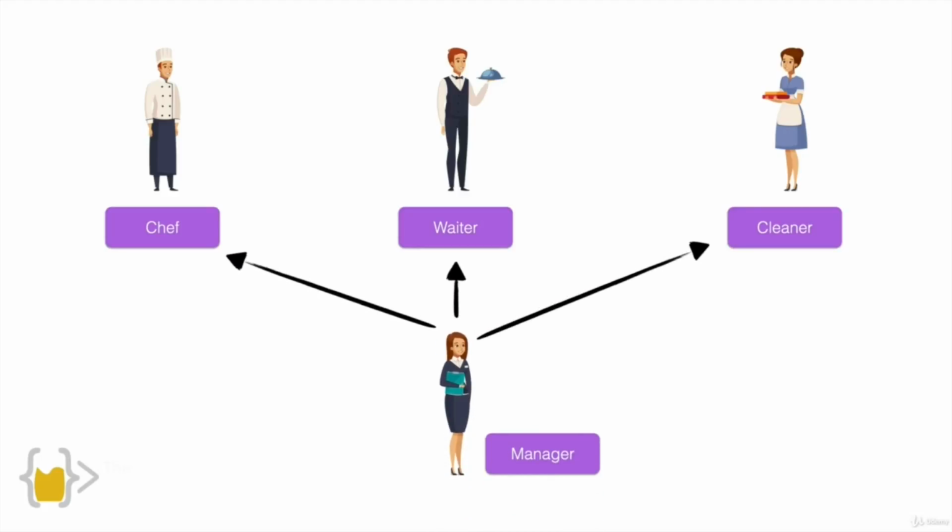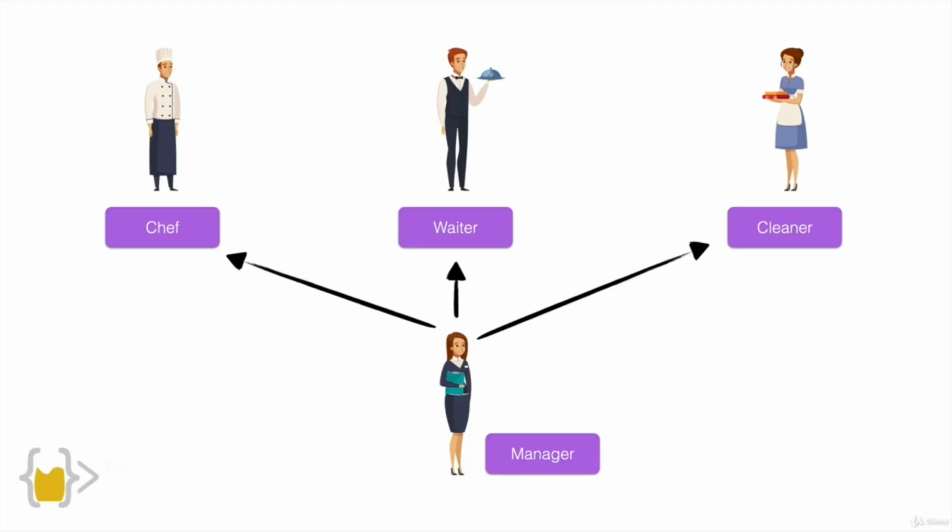But then you won't have to worry about the nitty-gritty details of exactly how they need to go about doing their jobs. So for example, you don't need to tell the waiter how to wait on customers, and you don't need to tell the chef how to cook an egg because they already know how to do that.